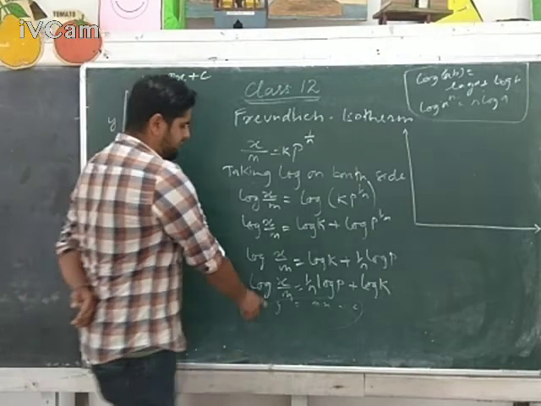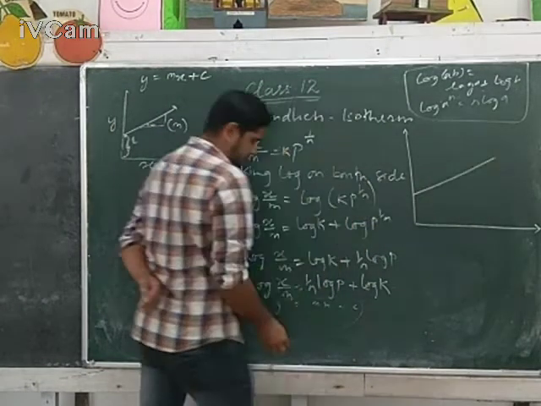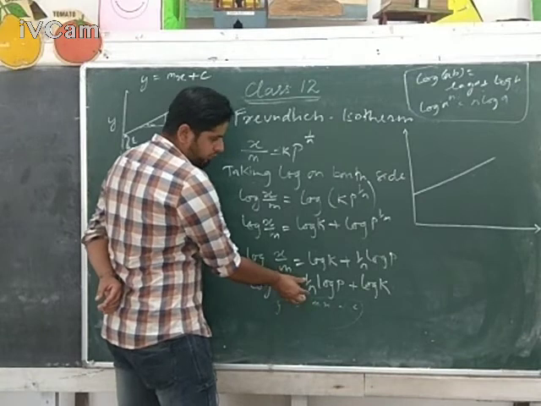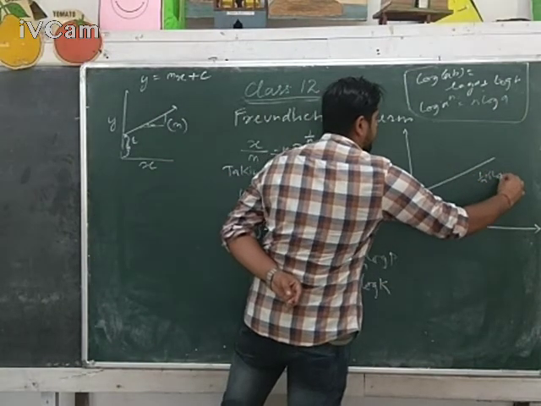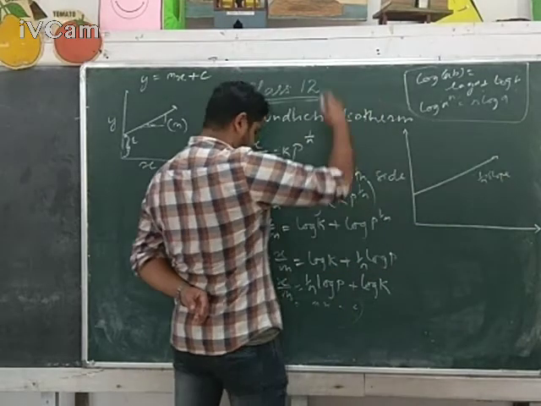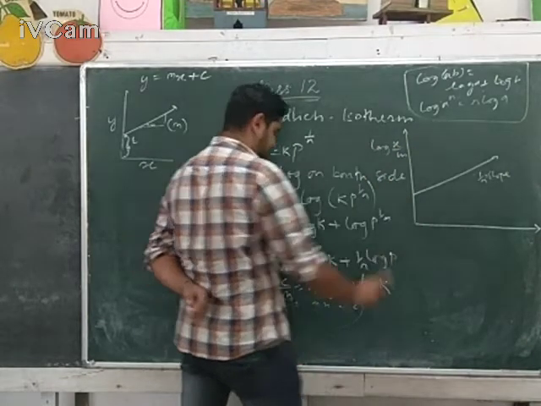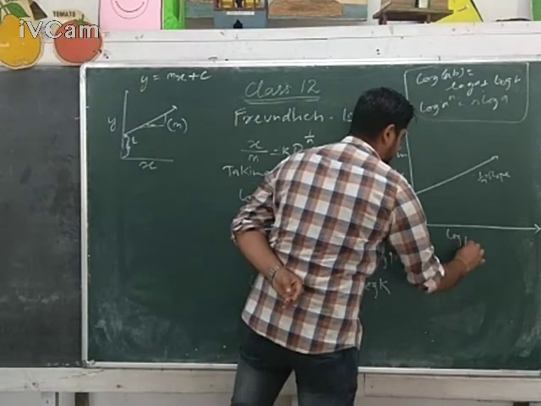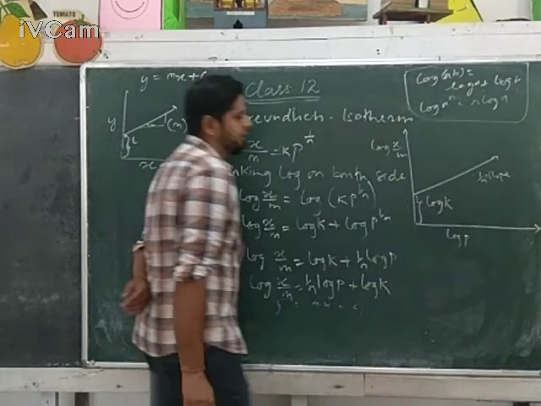Okay, so you'll get a graph like this. Since c is log k, the graph will start from here. Since the slope m, that is 1 by n, is positive, you'll get a slope like this. This side will be log x by m and this side will be log p, and this value is log k.